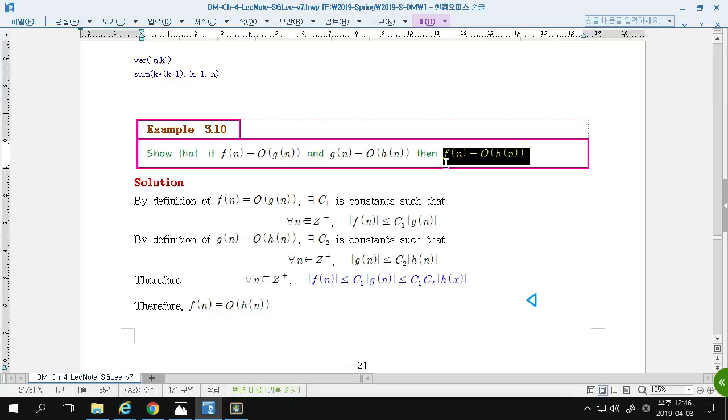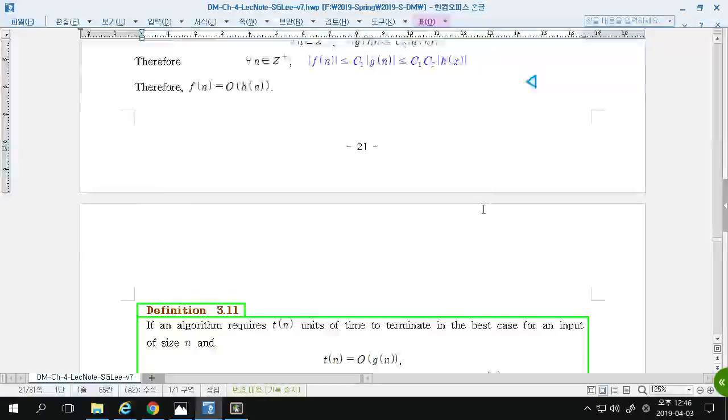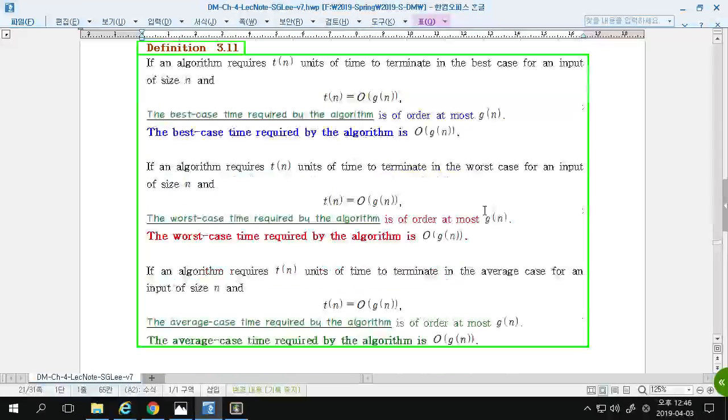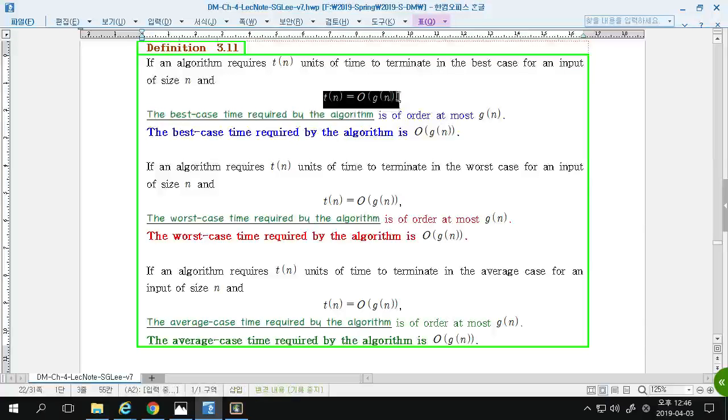So this is an interesting and important fact that we're going to use over and over again. Next definition. If an algorithm requires t of n units of time to terminate in the best case for an input of size n, and t of n is big O of g of n, then the best time required by the algorithm is of order at most g of n. That's what it means.